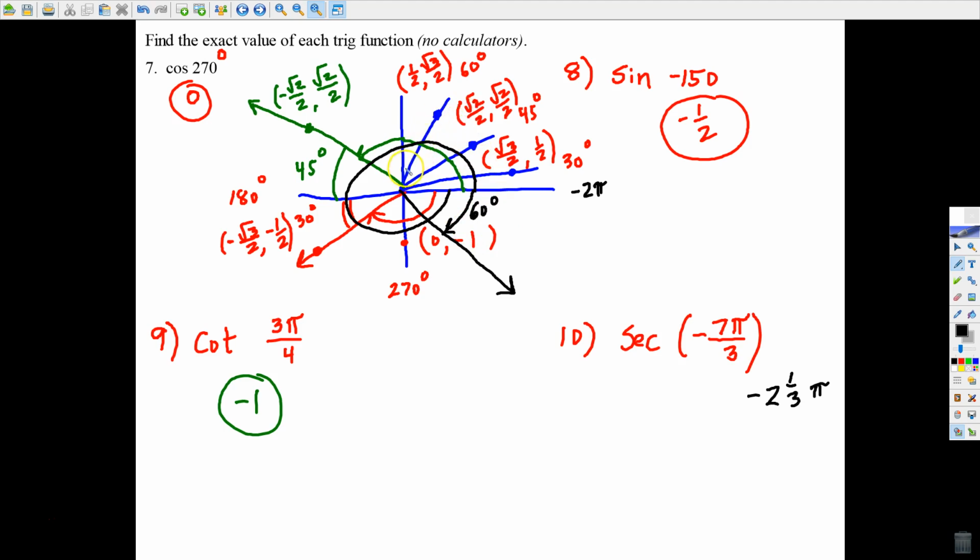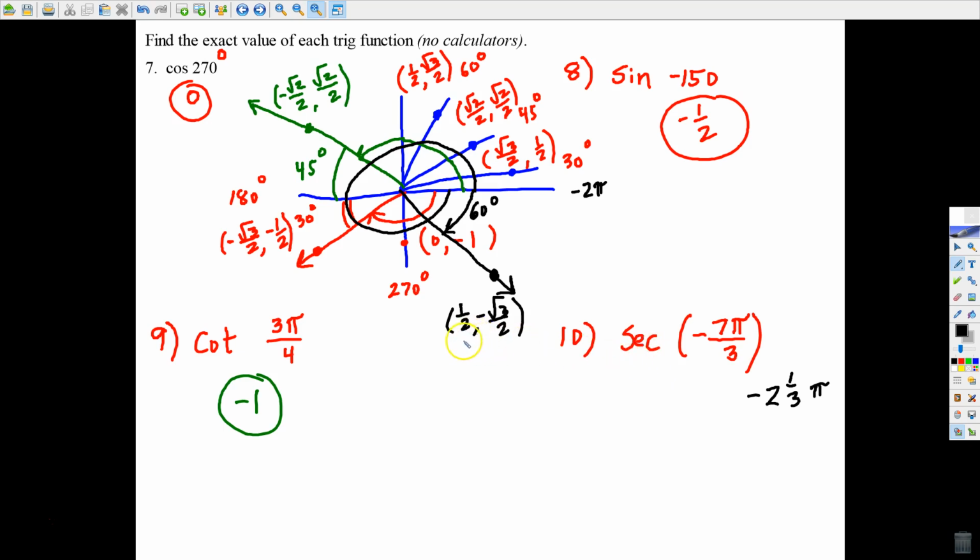So I'm looking at the 60-degree angle that I formed up here in quadrant 1, but changing it so that it's properly reflected in quadrant 4. The x-coordinate is positive in quadrant 4, the y-coordinate is negative. I'm working with this ordered pair, and I have to understand that secant is the reciprocal of cosine.